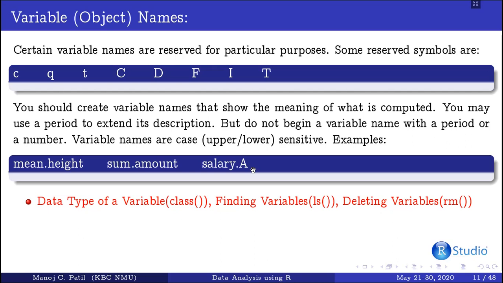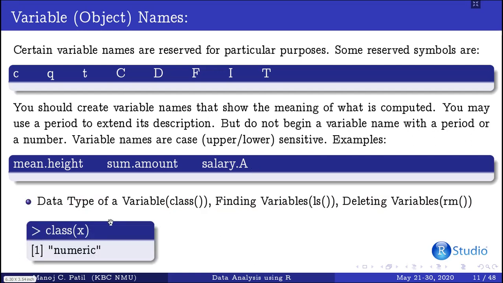For deleting, that is removing a variable, we can use the rm command. Class: if the variable x is already stored, you can ask R what the data type of x is. Use the command class. It will show numeric.